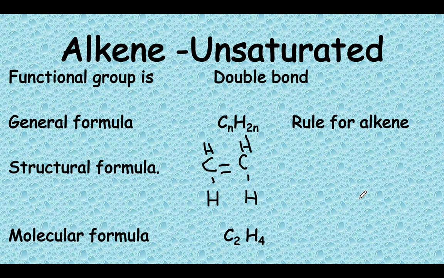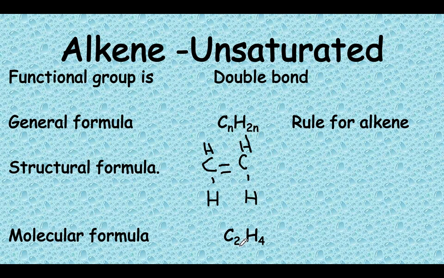All alkenes have the same functional group, which is the double bond, and they are unsaturated because they have between carbon and carbon a double bond. Here the general formula is different. It is CnH2n. This is the general formula for alkenes. If we consider that n is the number of carbons, we can get the number of hydrogens.